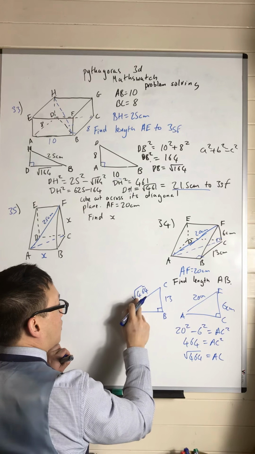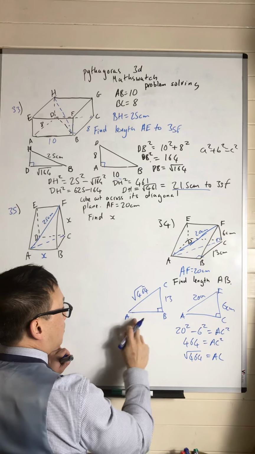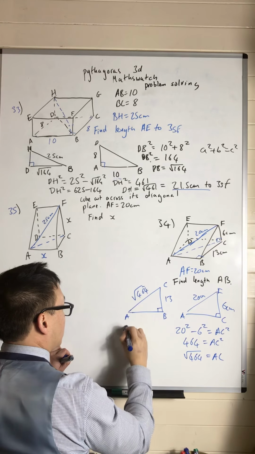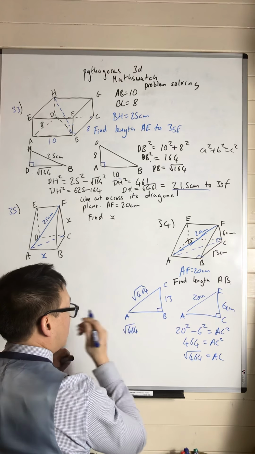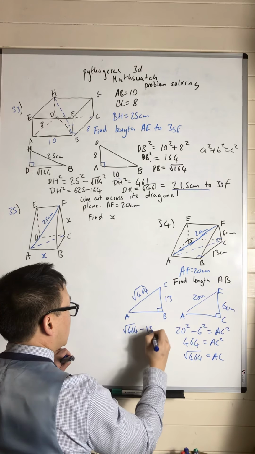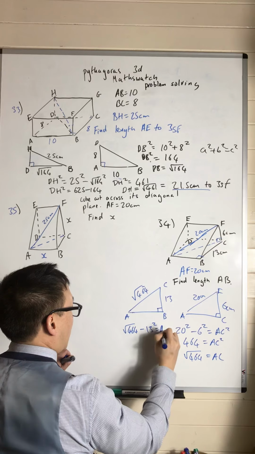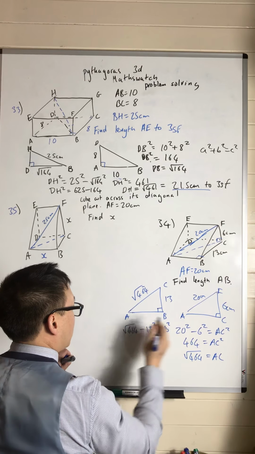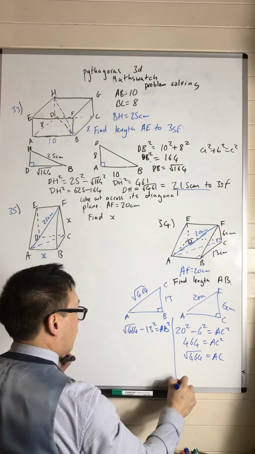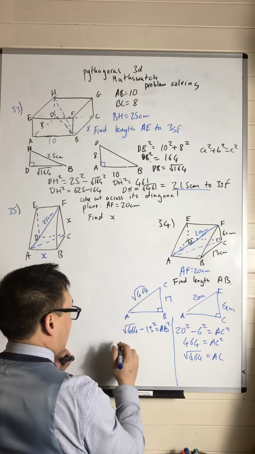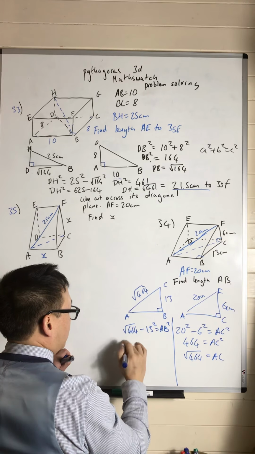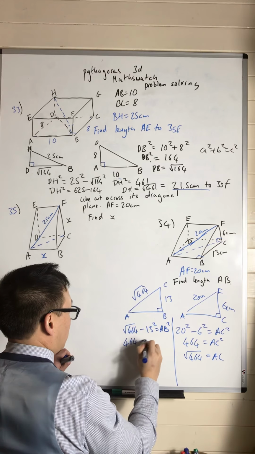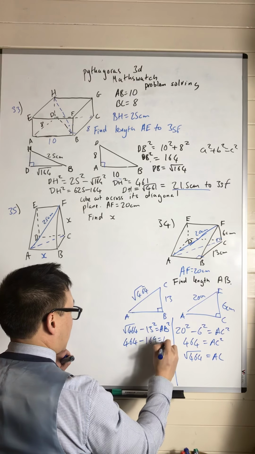So we know that this squared minus this squared will equal AB squared. So we're going to do the square root of 464 minus 13 squared equals AB squared. Let's line that off. So that's going to give us 464 minus 169 equals AB squared.